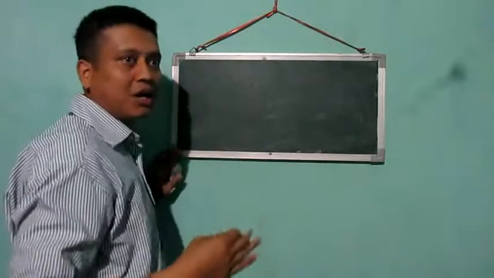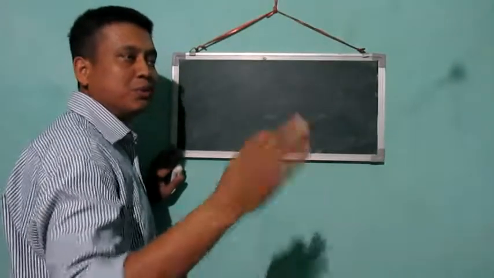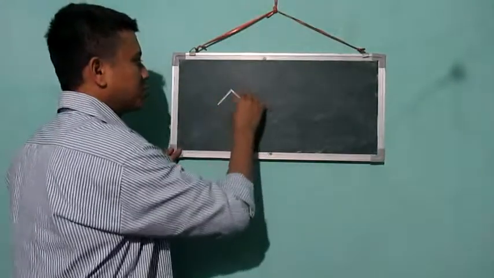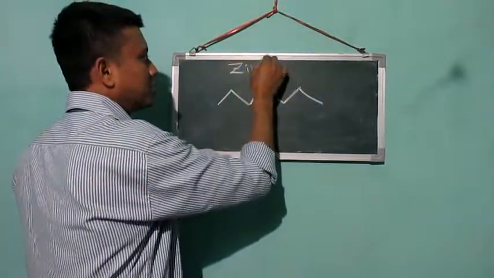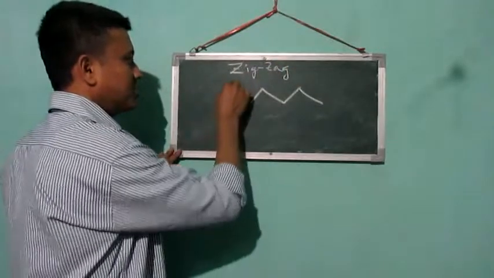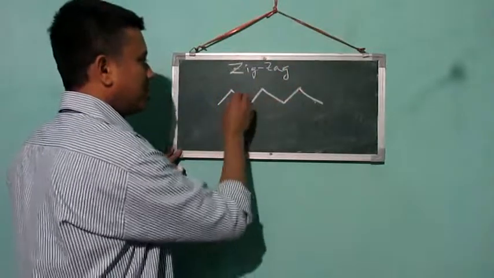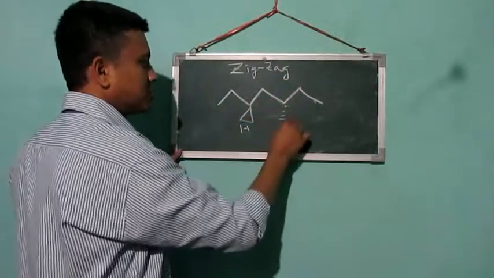Another one that is not very important, but still we have to learn. If we have to write a big molecule, in organic chemistry we have so many big molecules. So big molecules we write down like this. This is called zigzag structure. In this zigzag structure, each point is representing one carbon, and here we can give some groups like this.